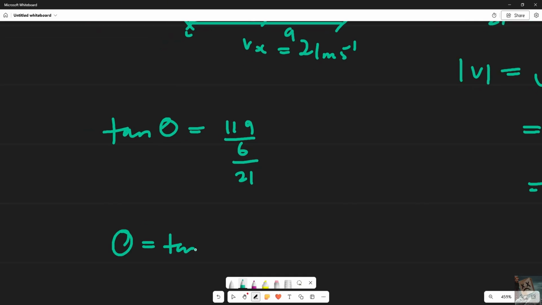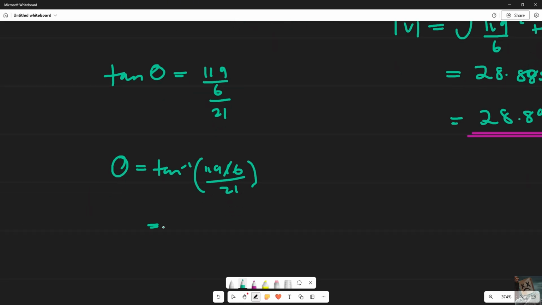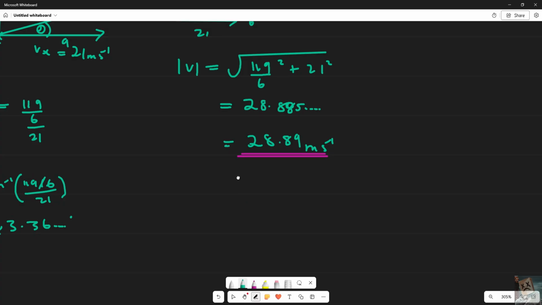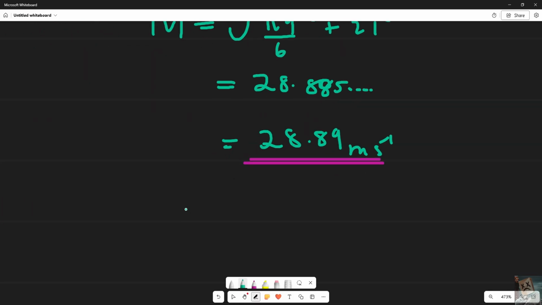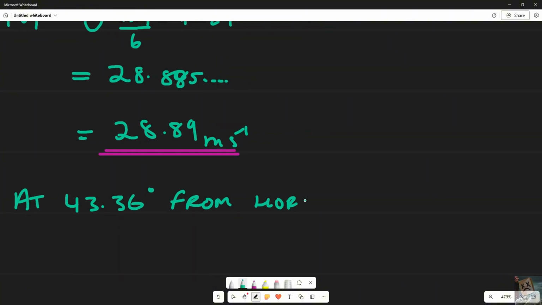So theta equals tan minus 1 of 119 over 6 over 21, and we'll get 43.36 degrees. So V equals that at 43.36 degrees from horizontal.